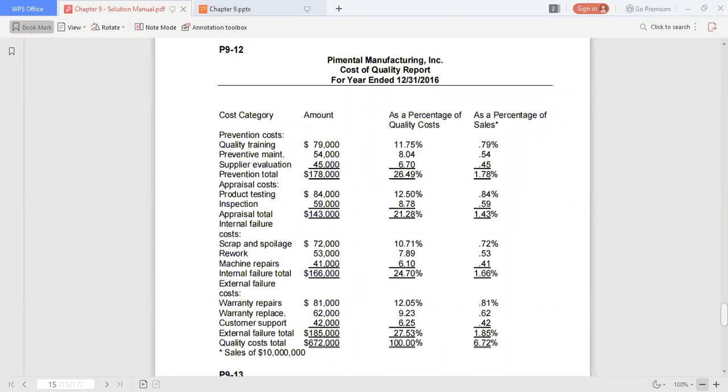So we have now the costs: scrap and spoilage, inspection, warranty repairs, supplier evaluation, product testing, customer support, rework, quality training, preventive maintenance, machine repairs, warranty replacements. Prepare a cost quality report for the company for the year ended. So we now have the cost category.